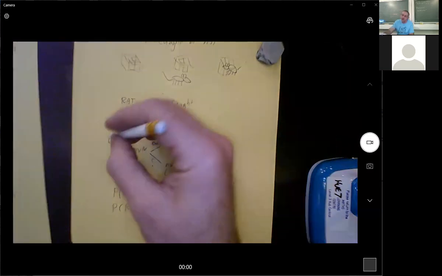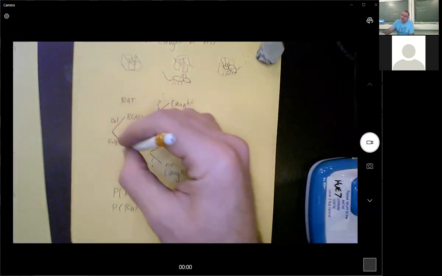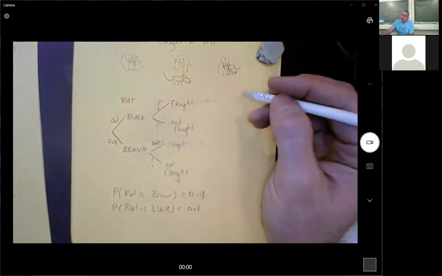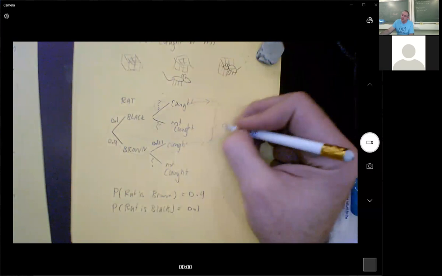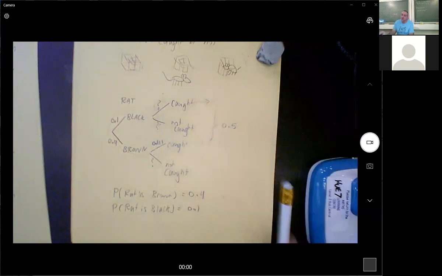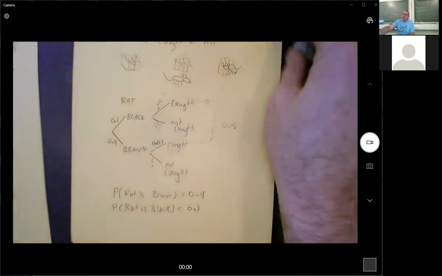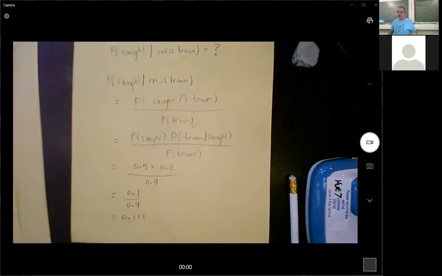And it says that this probability, all of that together, of being caught at all, is together 0.5. So the other end of the story.